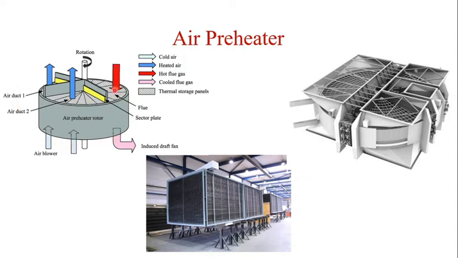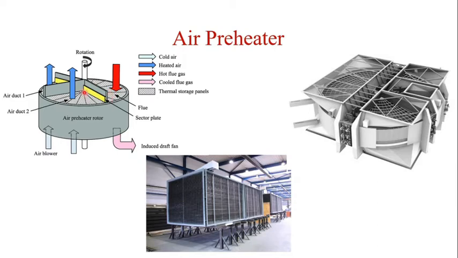the hot flue gas, which is coming from the economizer, will be passed. As well, this drum is rotated around a rotor or around an axis, which has the air ducts around it.